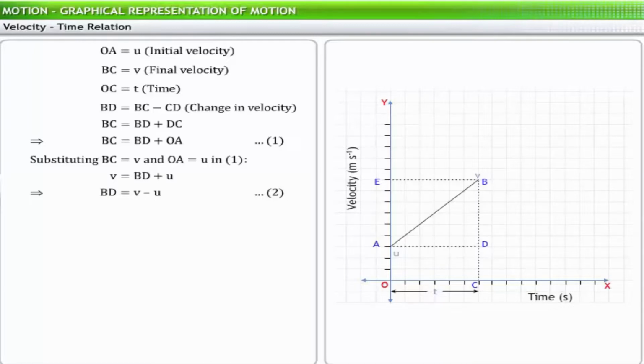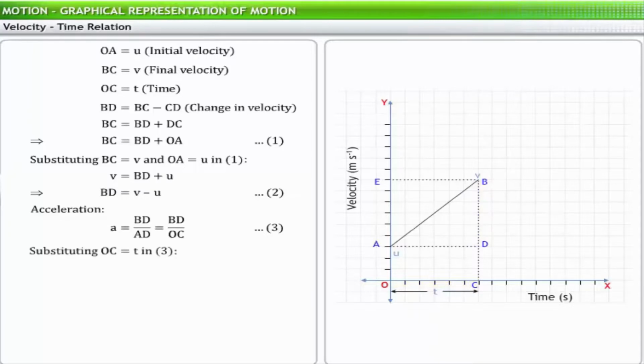The acceleration of the object is the ratio of change in velocity to time taken. From the graph, acceleration a is equal to BD divided by AD, which is equal to BD divided by OC. Let's call this equation 3.